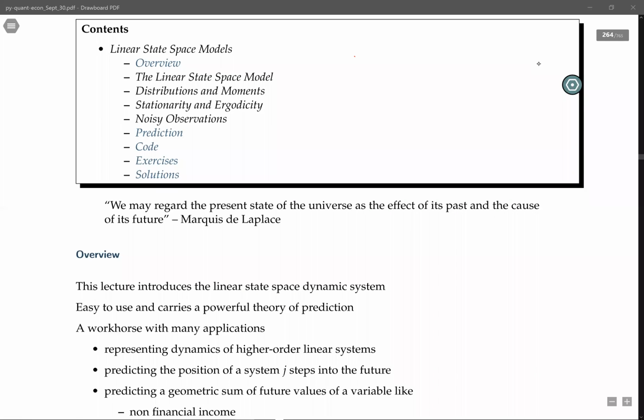They're going to help us to formulate some things. So we're going to talk about two things. We're going to talk about linear state space models, which are going to create the language and the framework within which we cast some celebrated models of tax smoothing and debt management.